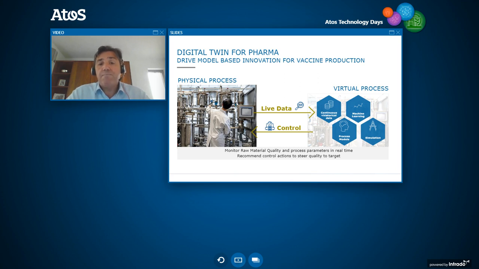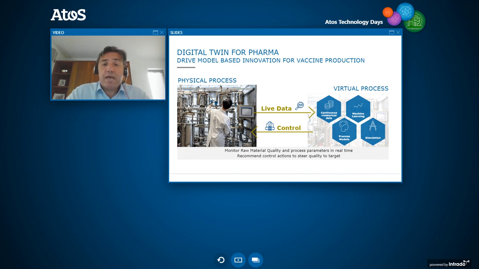So instead of measuring it, I will predict what the actual CQA would be for that process based on my machine learning knowledge. Of course, because it is machine learning, I cannot go outside my boundaries, and the system has learned itself based on the data it has collected.